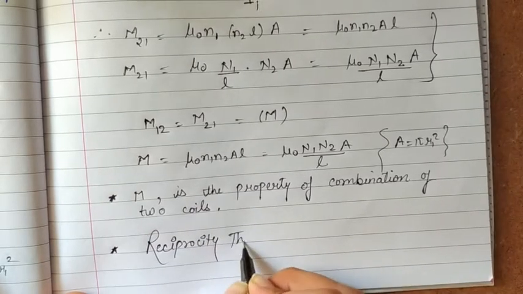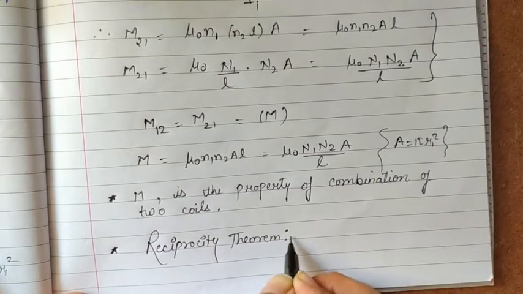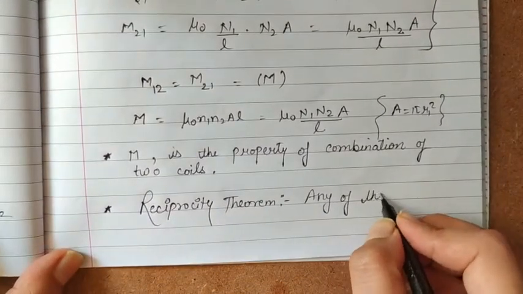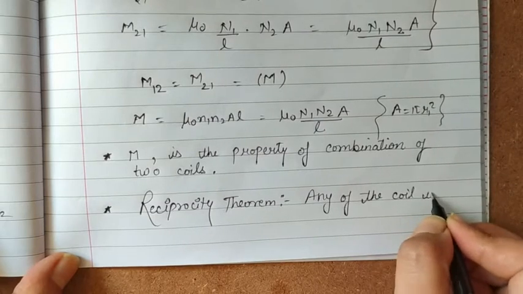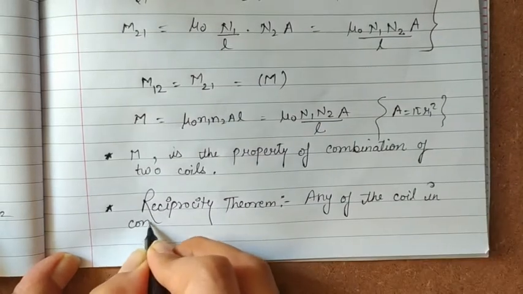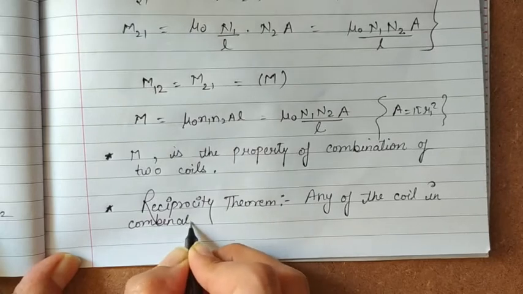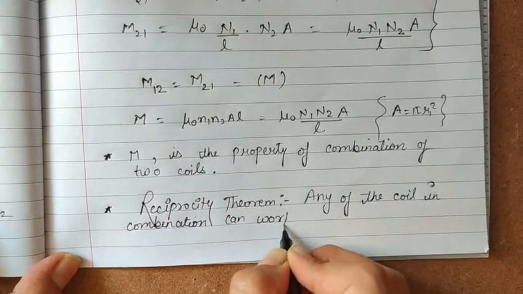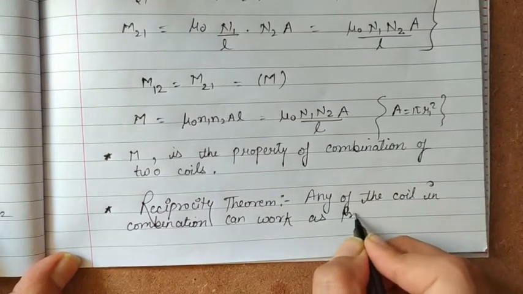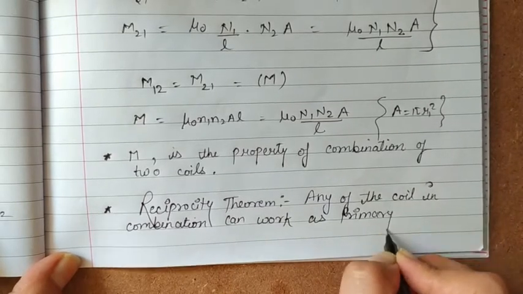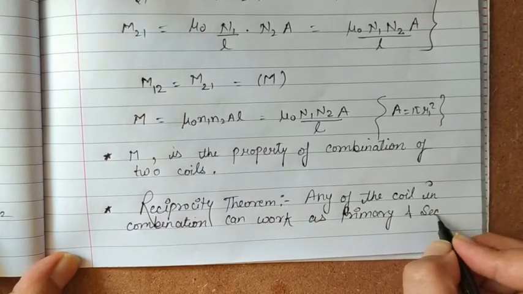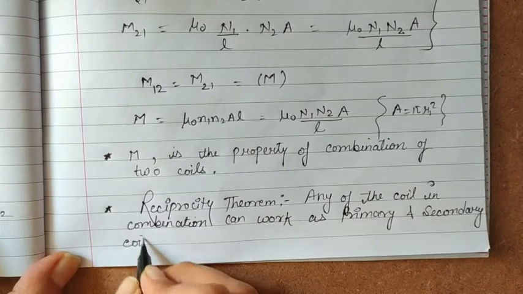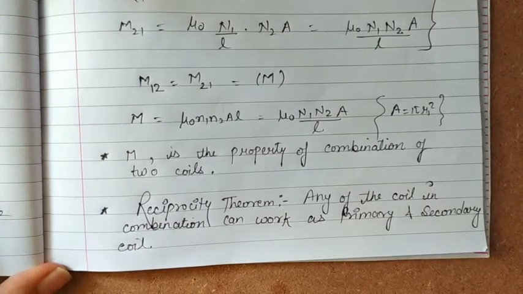So that means any of the coil in combination can work as primary and secondary coil, and it will not affect the value of mutual inductance if the coils are same.